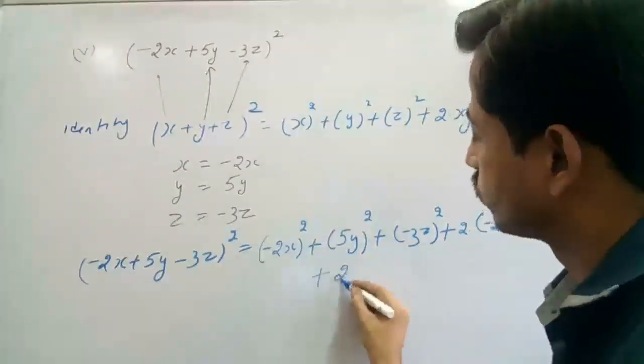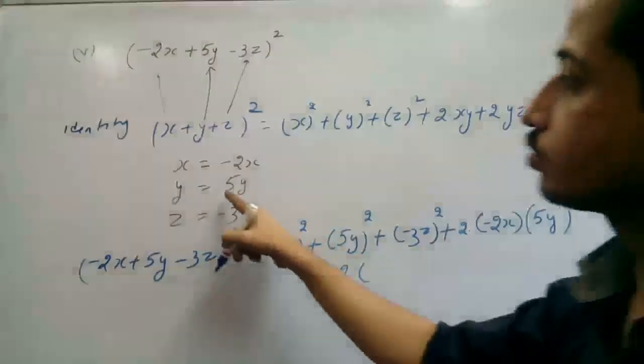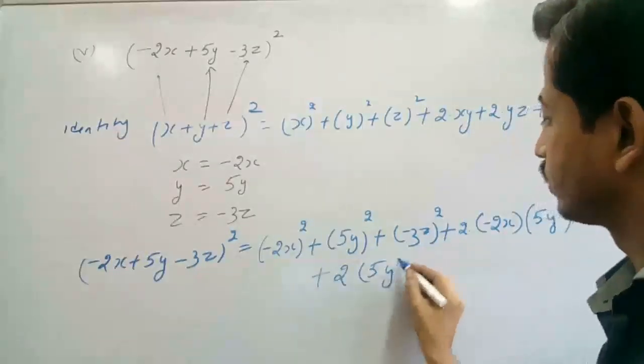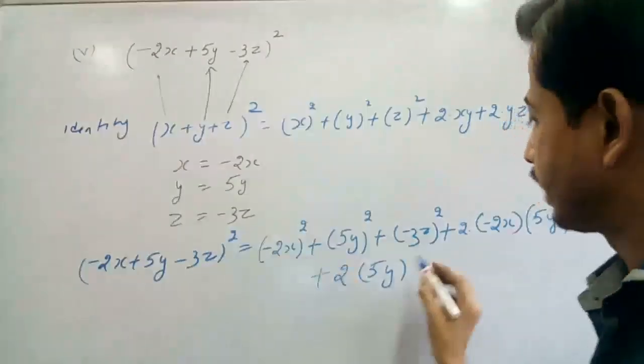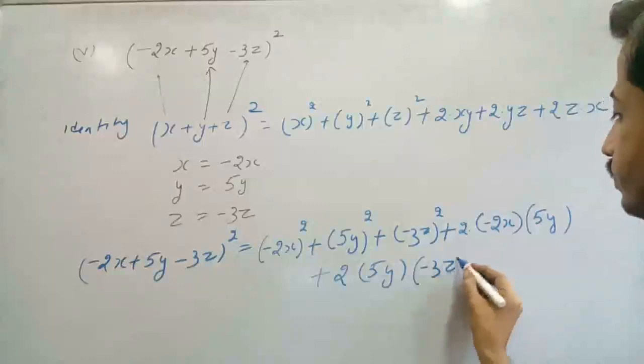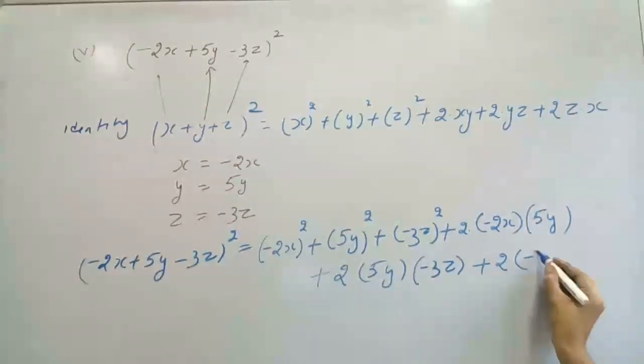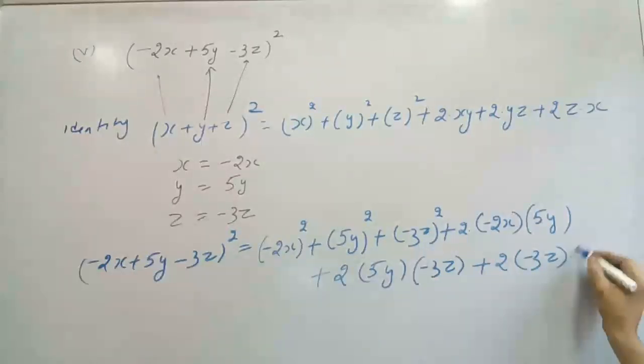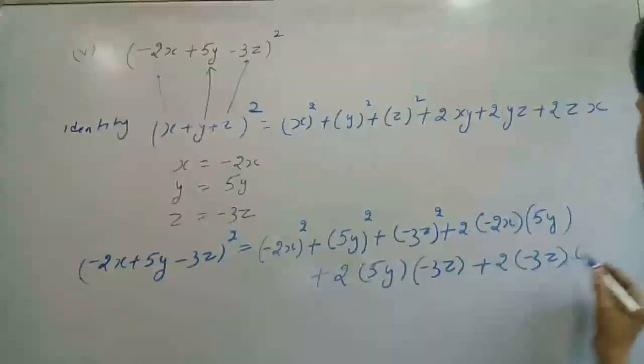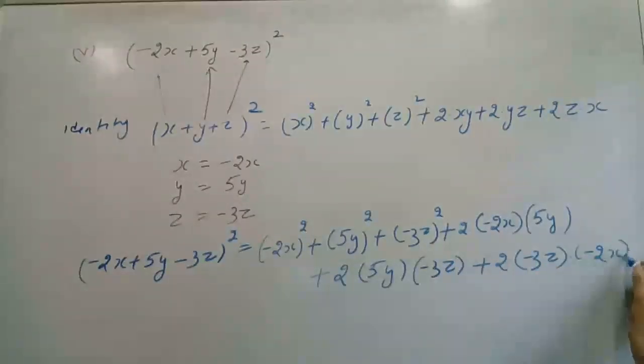Plus 2 multiply y is 5y. Z is what? Minus 3z. Plus 2 into z is minus 3z. Into x is what? Minus 2x.